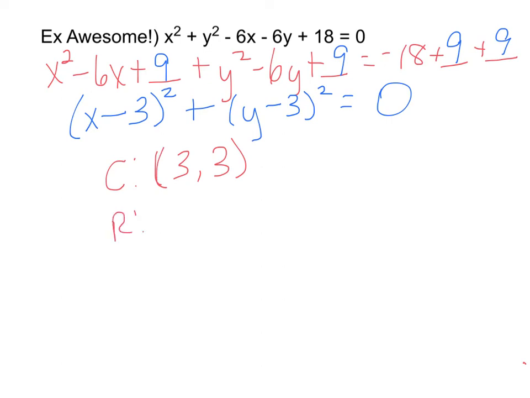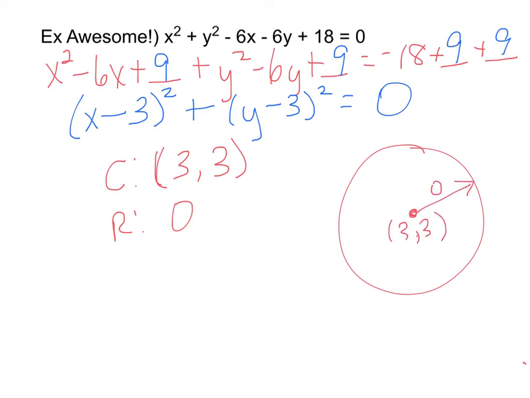Now think about this for a minute. If you have a radius of 0, how far out from the center are you going? Nowhere, right? But it's not negative, so that doesn't mean it's non-existent. It's just 0. So here I have my crazy little circle, and here is my point of 3, 3. Now how far out of this is 0?